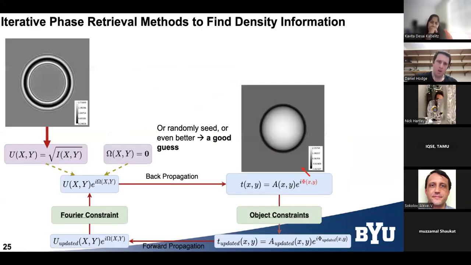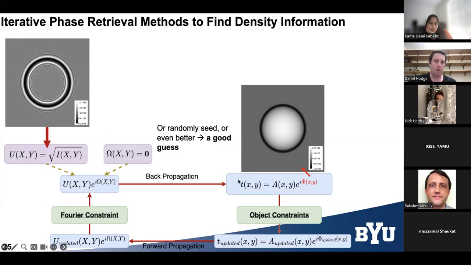And so in order to get this density information, or correspondingly the phase, I keep saying those interchangeably, but basically they're the same. If we have our intensity image on the detector, iterative phase retrieval algorithms work this way. We take the square root of this intensity pattern. We could seed it with the phase with either 0, or have it be randomly seeded, or even better, have a really good guess on what this phase should be.